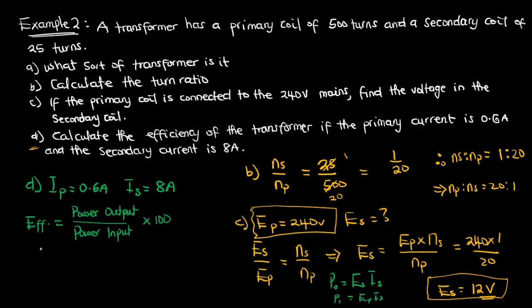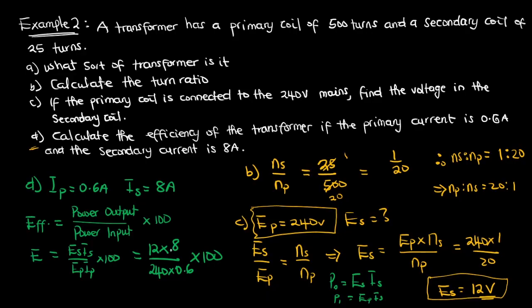So this is effectively equal to ES IS over EP IP multiplied by 100, which is equal to the ES we found, 12, multiplied by the IS of 8 over here. Then we divide that by, remember we are multiplying all by 100, our EP of 240 multiplied by our current in the primary, 0.6.